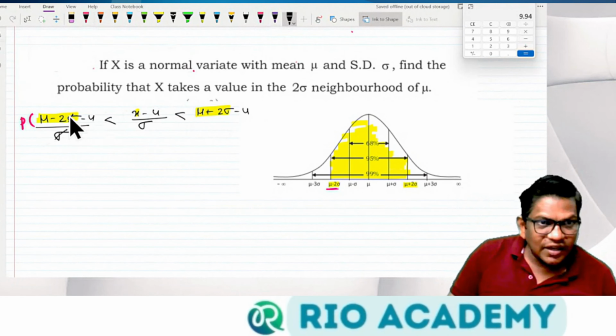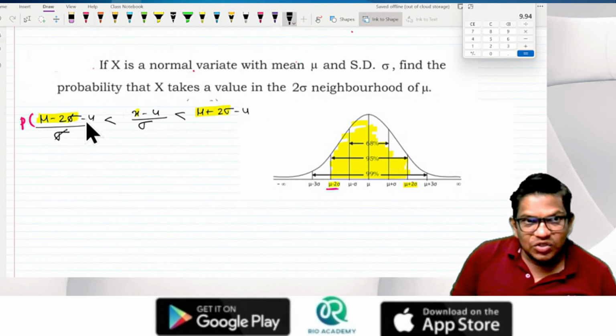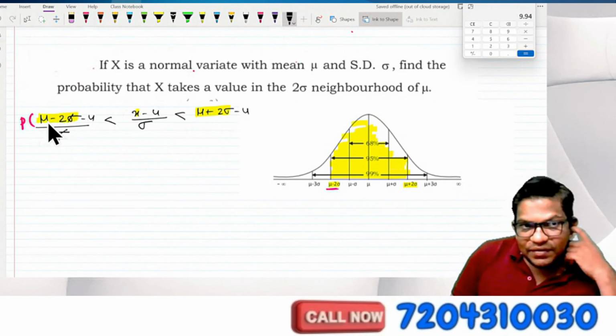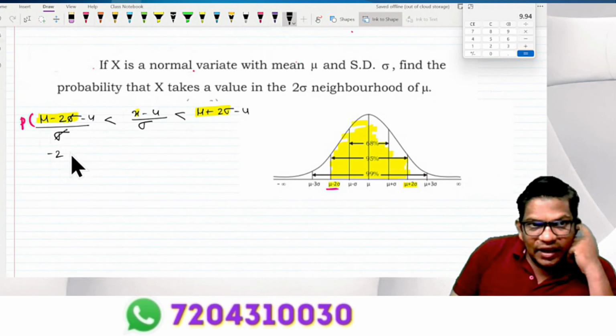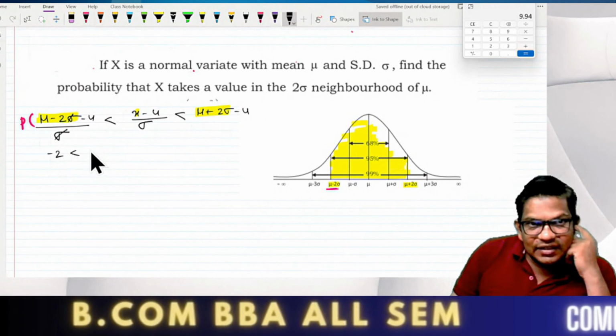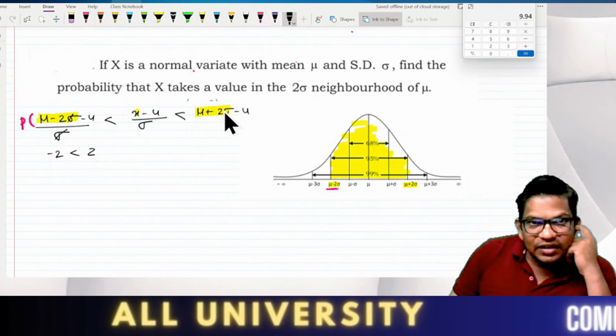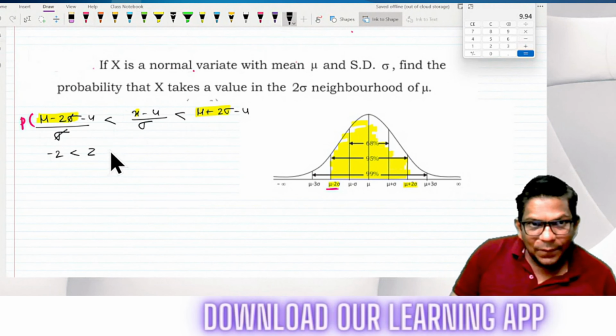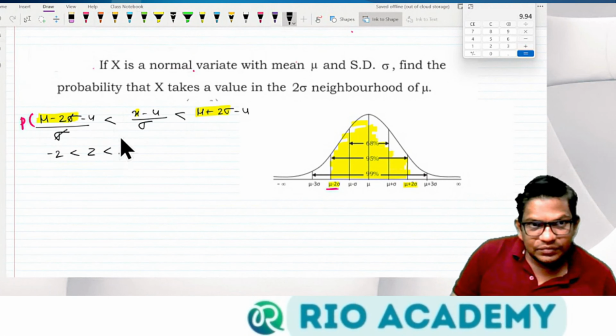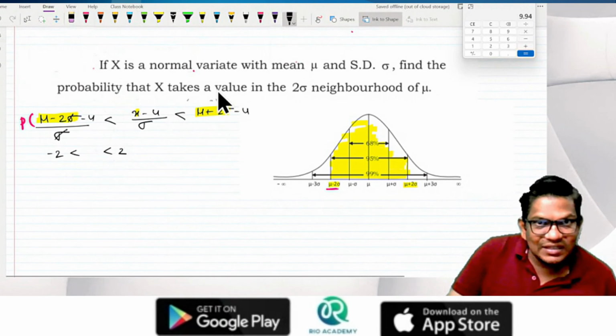So children, what is left? Mu is gone. Minus 2 is left here, and less than, this is your z, right? And this is also 2 on the positive side. This is a z.